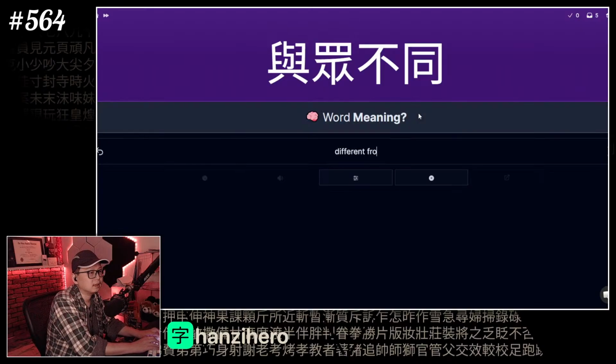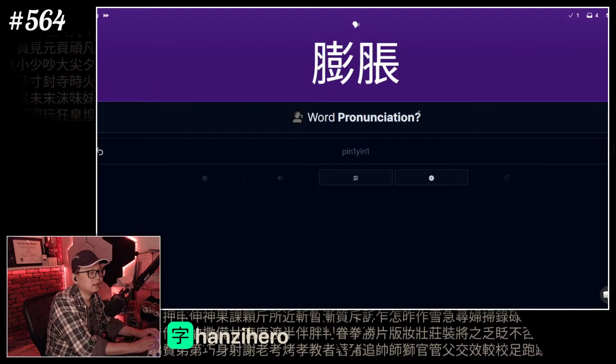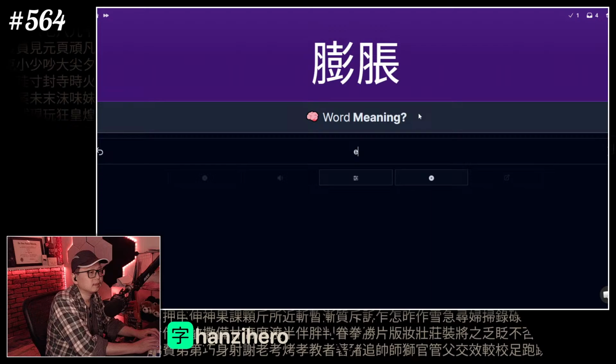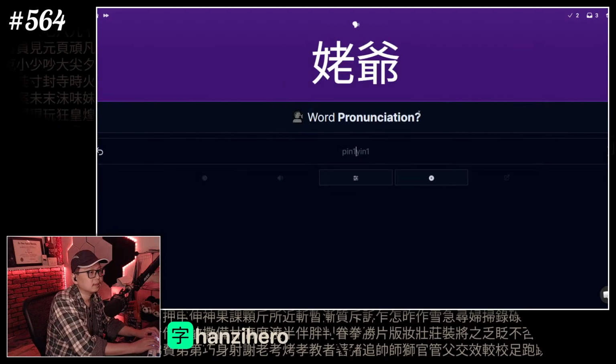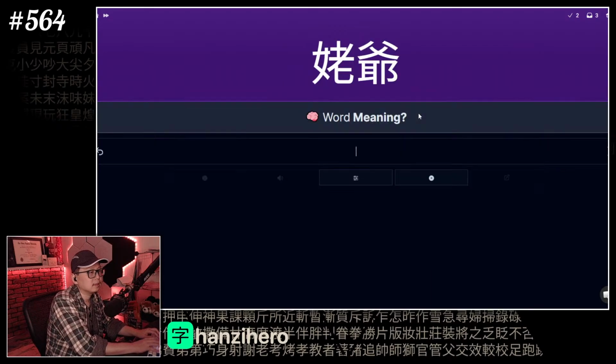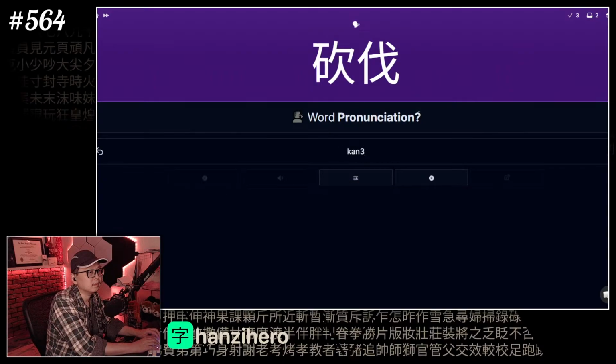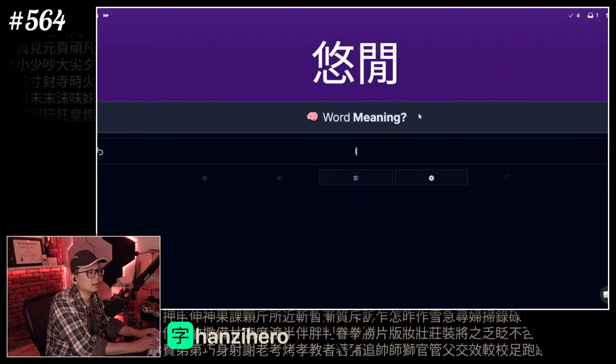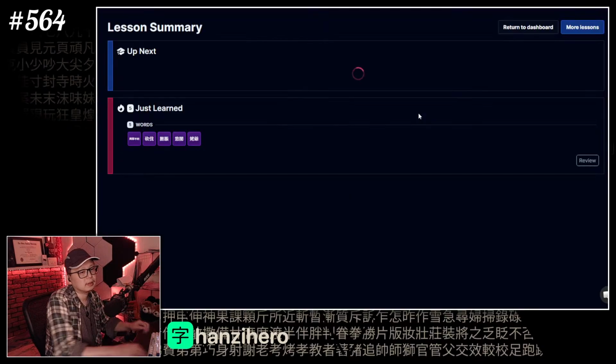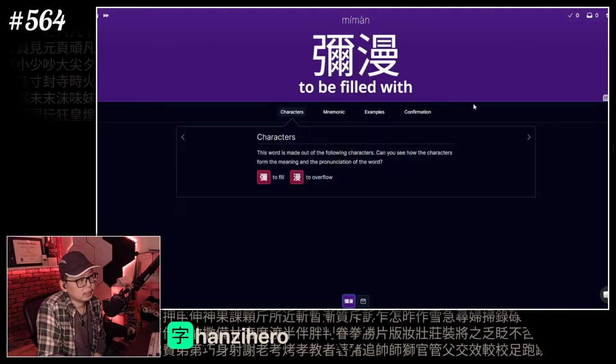与众不同，膨胀，老爷，砍伐，悠闲。Okay. 弥漫，弥漫，弥漫. That's to overflow. Okay, to be filled up with.